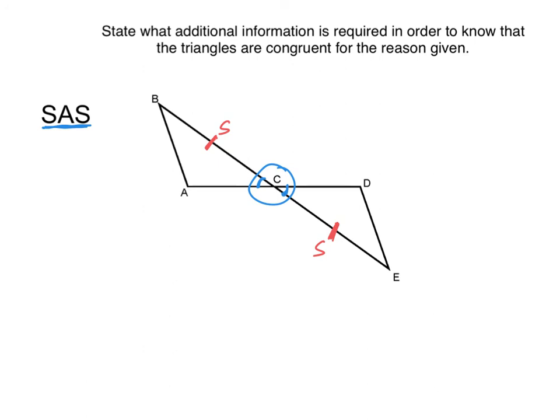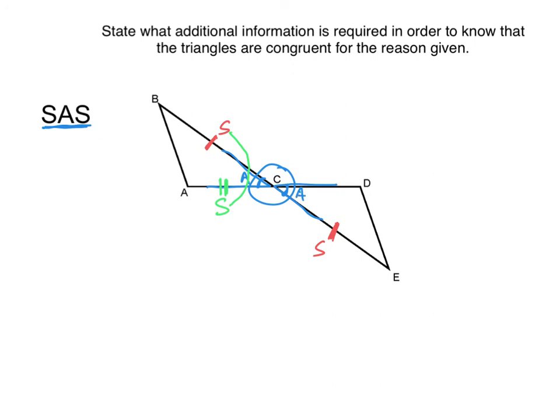So angle BCA right there is then congruent to angle ECD. And if I want to prove that it's side, angle, side, there is my angle, then I have to go side right here. That side has to be congruent.